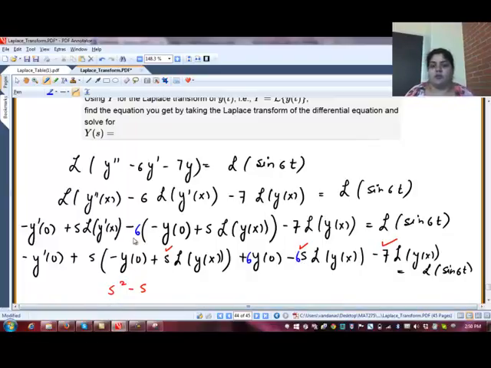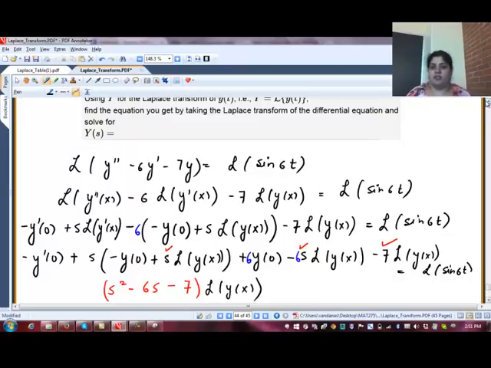Okay, so this 6 will be coming, so this term and this term, so it would be 6s then, and minus 7. Now you can see what this expression equals to? This is the characteristic polynomial.